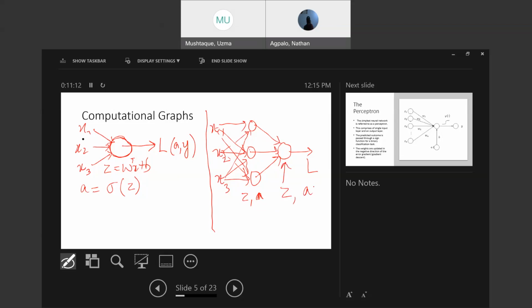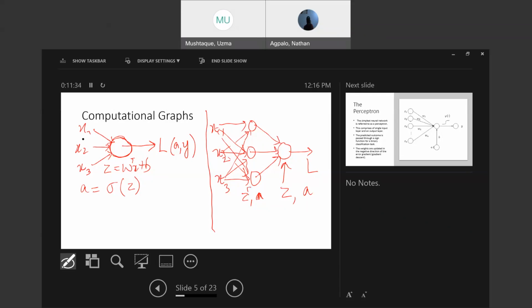That's the fundamental idea, and I get L, my final loss. Now, imagine a deeper network with more nodes. I need some way to denote how this Z and A differ from the other Z and A, so that's what I'm going to begin doing.